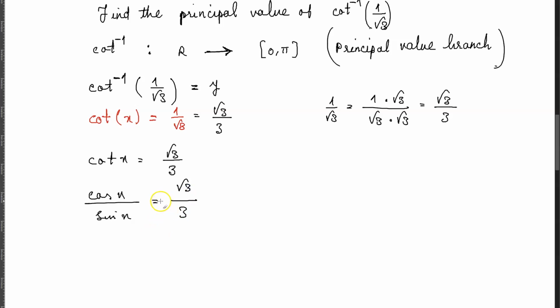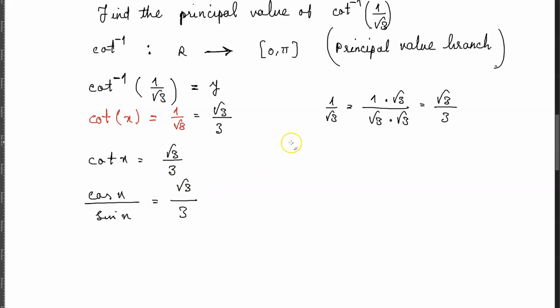So now, this must be either 30 degrees or 60 degrees. There is no other possibility. That I know based on the table in trigonometry that I have learned before. It cannot be any other angle really.